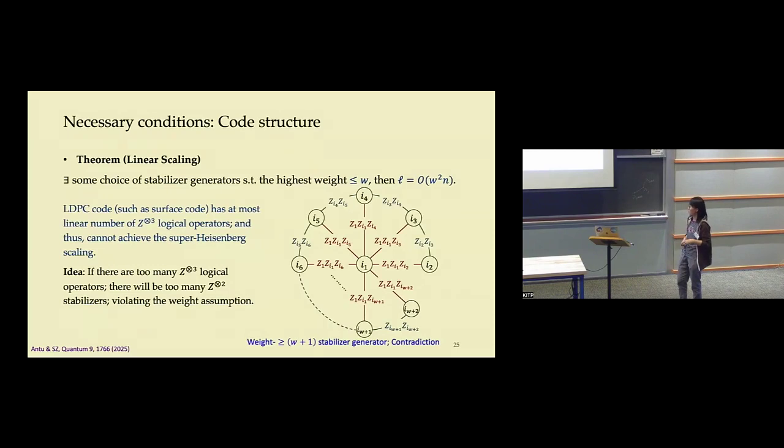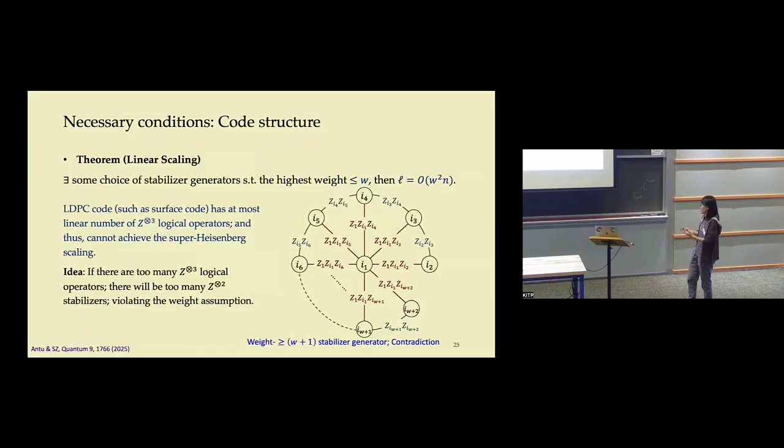So here I'm just showing one example. I'm fixing two qubits here. The first qubit is qubit 1. The second is qubit I1. And the thing I'm going to consider as a variable here is the index of the third qubit. So it can be I2, I3, I4 until I_{W+2}.